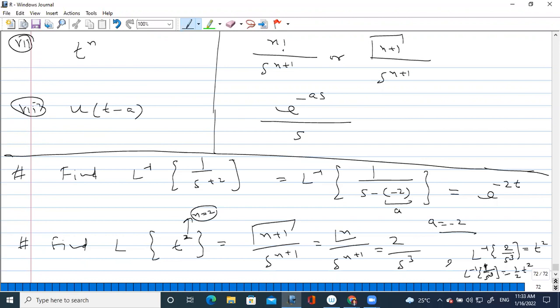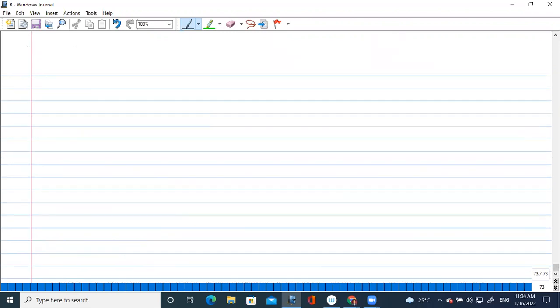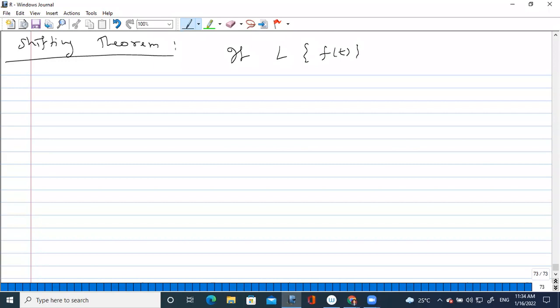Done? Sir. Now there is one shifting theorem. So in the shifting theorem, one function will be shifted and you will get a different answer. Suppose Laplace of f of t, because you know it directly, that is F of s, that you know already.